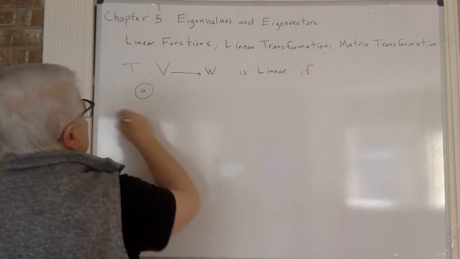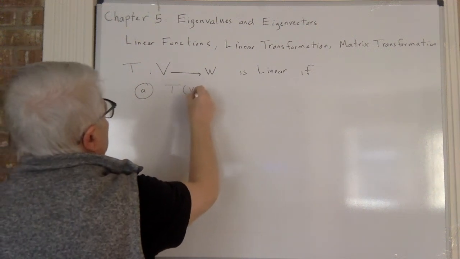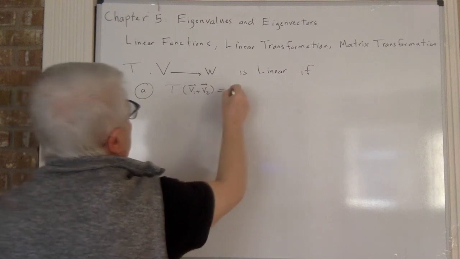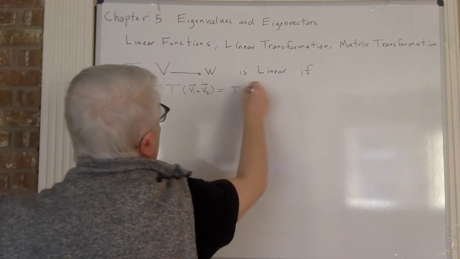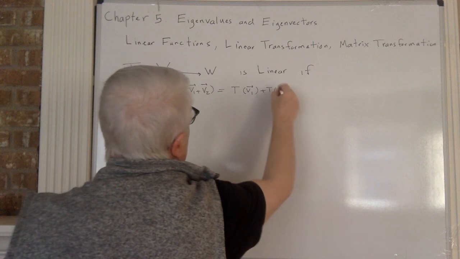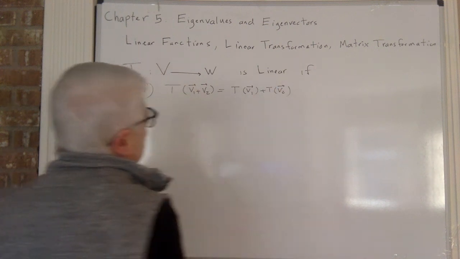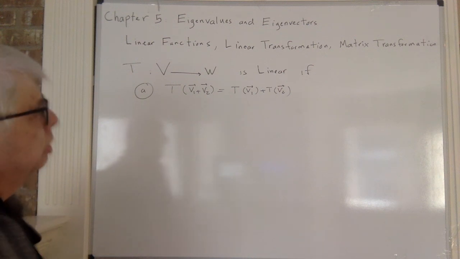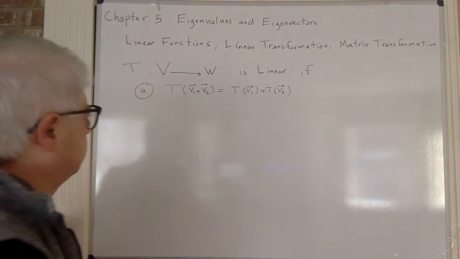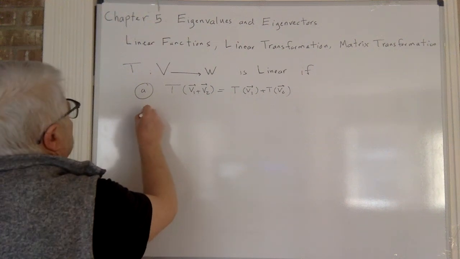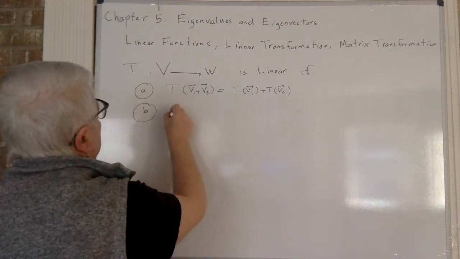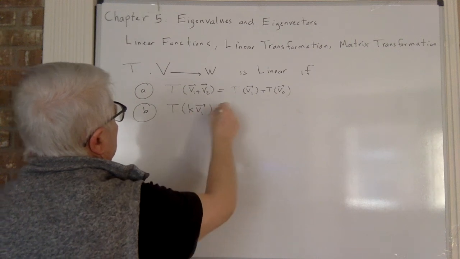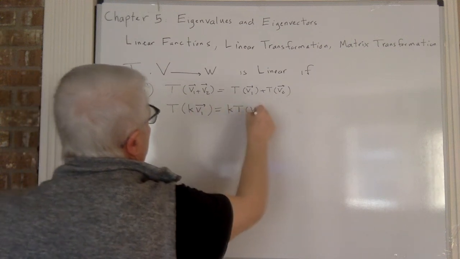A, T of V1 plus V2, say, is T of V1 plus T of V2. So in a sense, it means that this T distributes over vector addition. B, T of some k times, say, V1 is k T of V1.